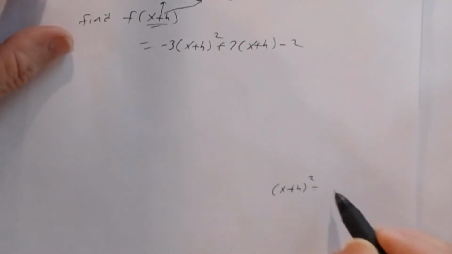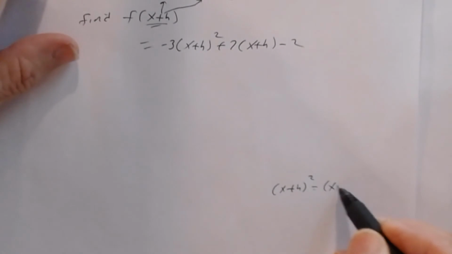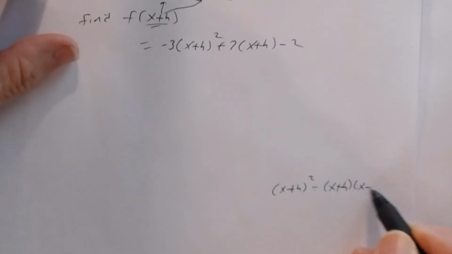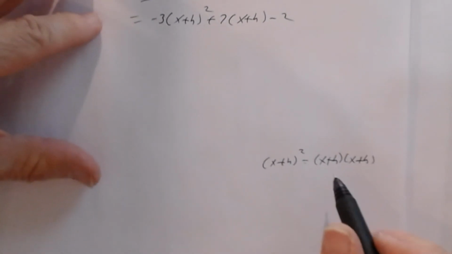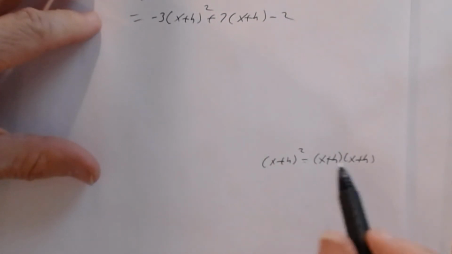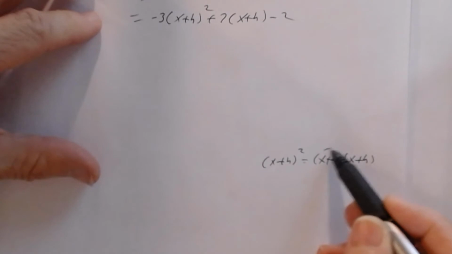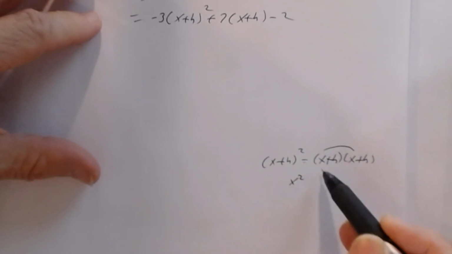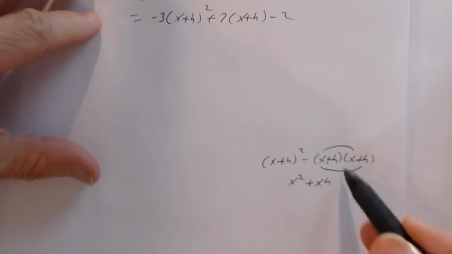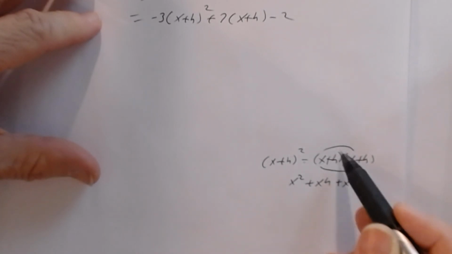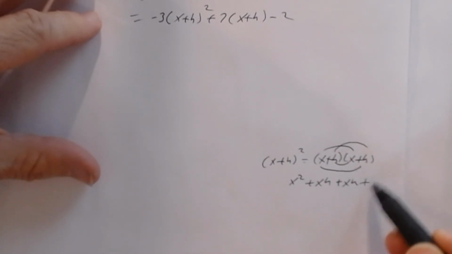Well, remember, x plus h squared means x plus h times itself. And so I'm multiplying two binomials, so I'm going to use the FOIL method. When I use the FOIL method, I get x times x is x squared. The outer is xh. The inner is also xh. And the last, h times h, is h squared.